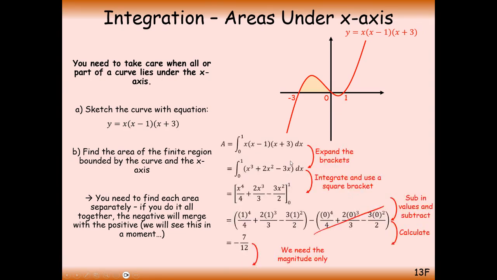What we did here was actually go through the working out of expanding brackets. It's not too hard, because it turns into x squared plus 2x minus 3, and then you multiply an extra x into it, and it becomes x cubed plus 2x squared minus 3x. So that needs to be done by you as well.